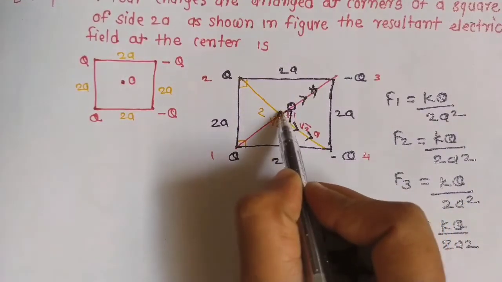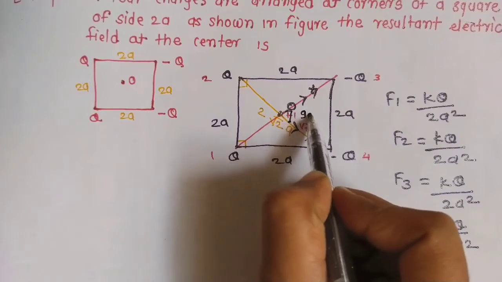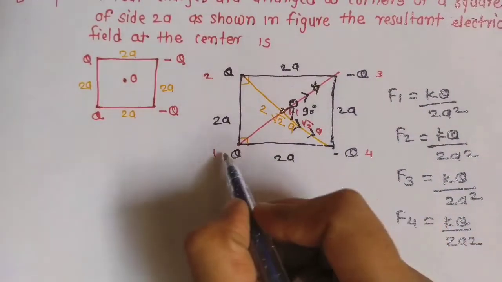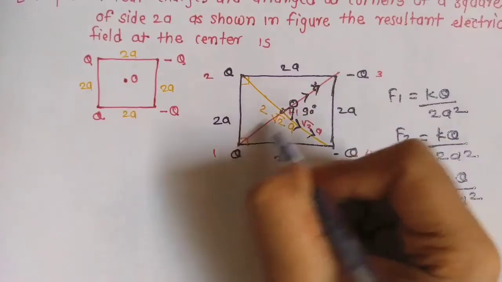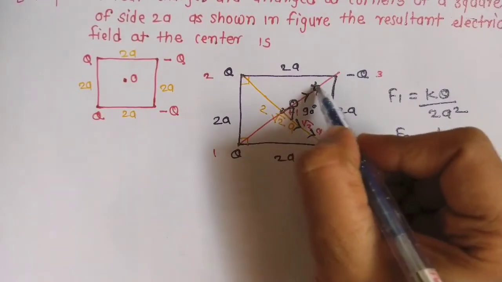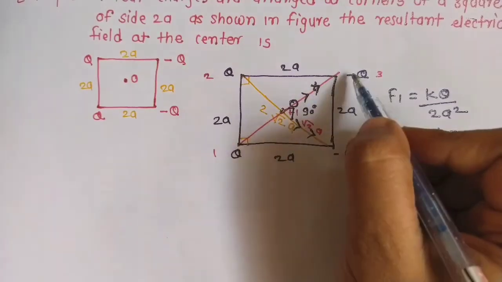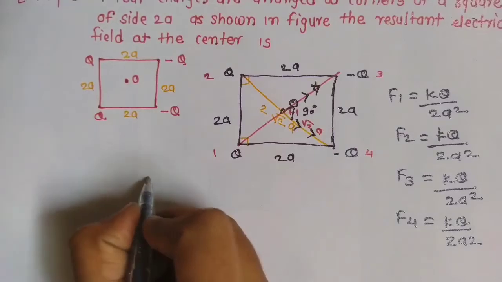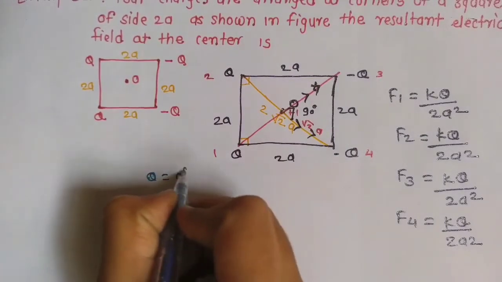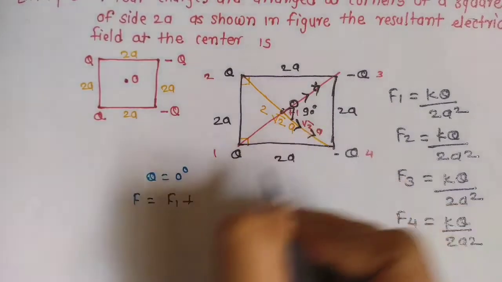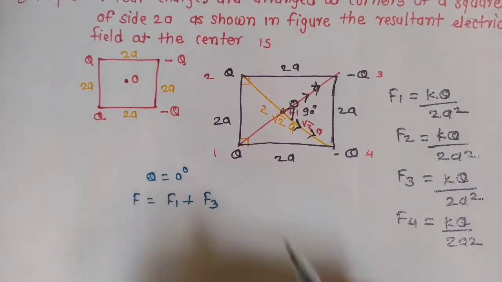यहाँ पे जो एंगल बनता है वो 90 डिग्री होता है. अब यहाँ पे जो 1 and 3 है, इन दोनों के बीच जो एंगल बनता है वो 0 डिग्री है. Both arrows are in the same direction. तो 1 और 3 के बीच जो एंगल बनता है वो 0 डिग्री होता है. और when theta is 0 degree, then F is equal to F1 plus F3 हो जाएगा यहाँ पे.